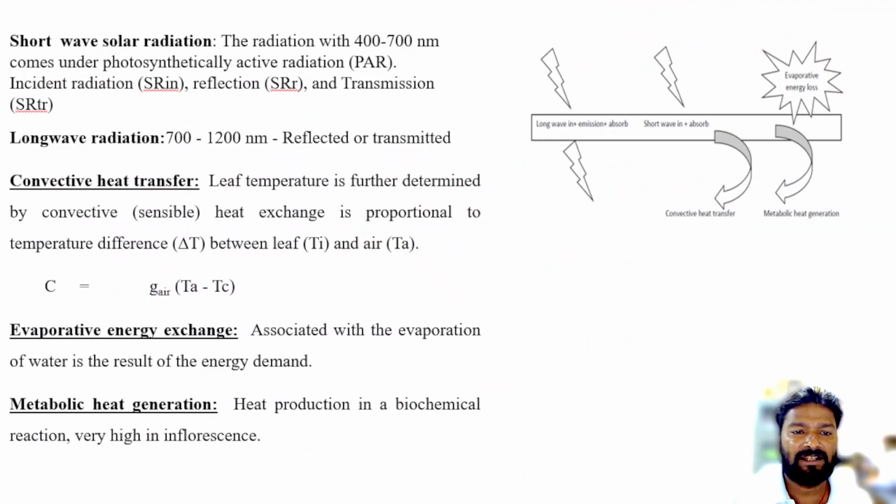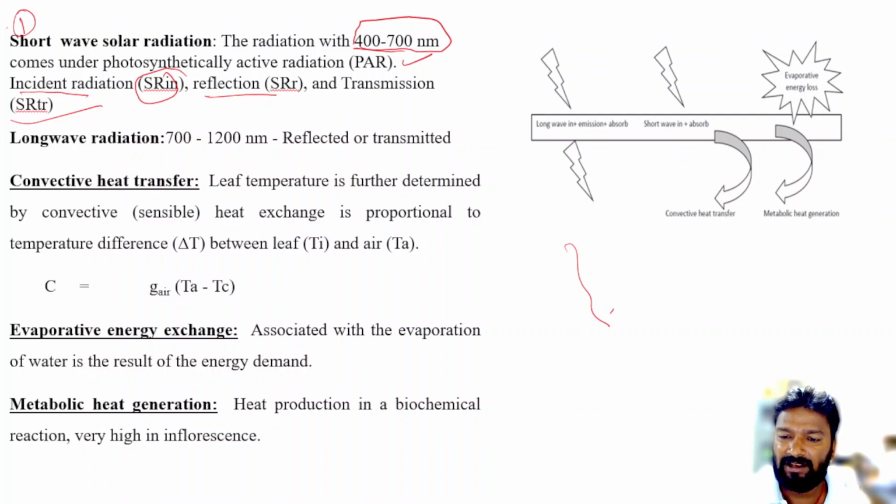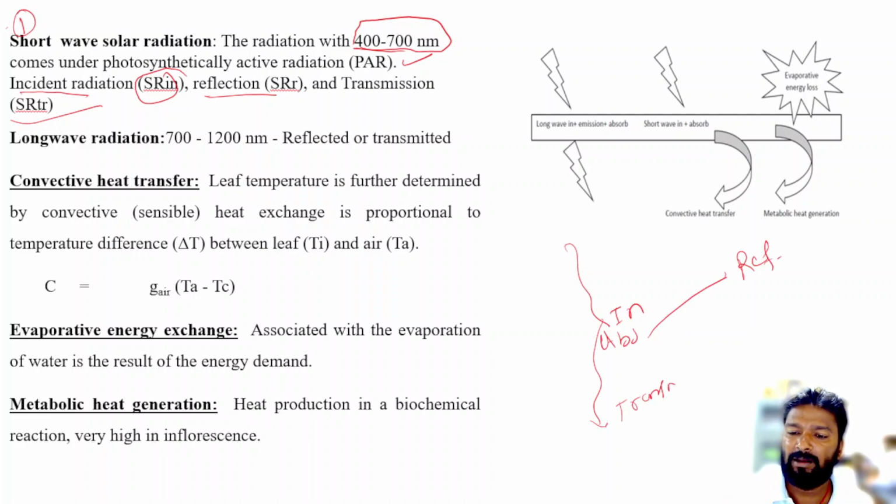We already discussed short wave radiation. These are the five components. First one is short wave solar radiation, mainly 400 to 700 nanometers, also known as photosynthetically active radiation. The incident solar radiation may be absorbed, reflected, or transmitted. So these three possibilities are there. Then long wave radiation, that is mainly reflected or transmitted.